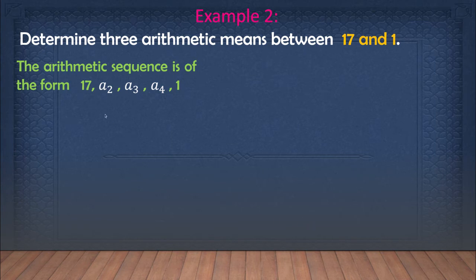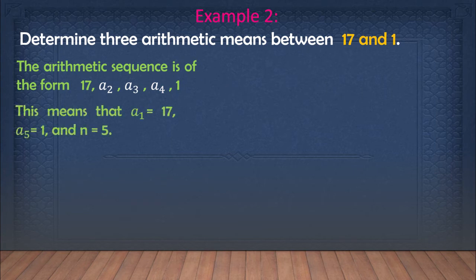So these three here, a sub 2, a sub 3, and a sub 4, are the three arithmetic means between 17 and 1. Now this means that a sub 1 is 17, a sub 5 is 1, a sub 5 here is also our a sub n, and n is equal to 5 since there are 5 terms here.